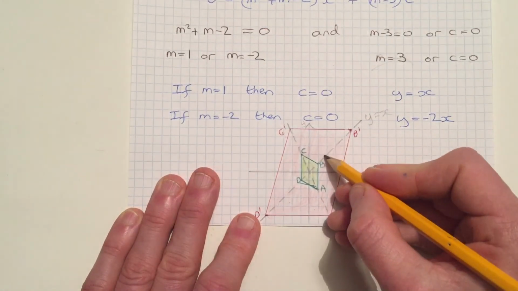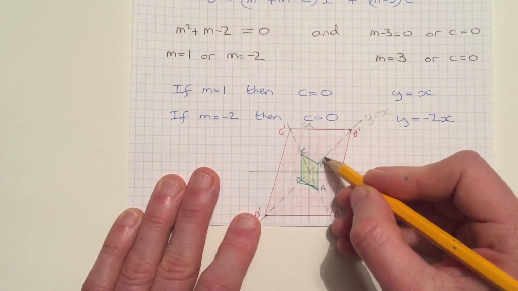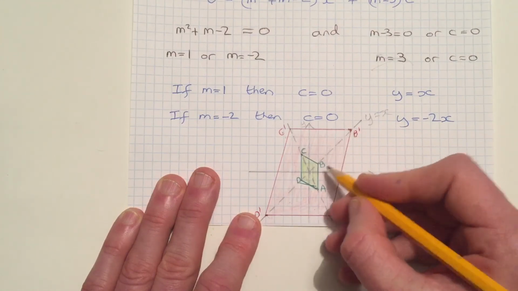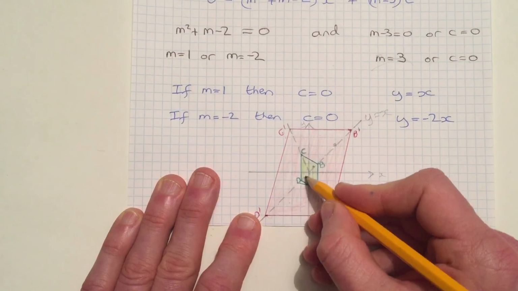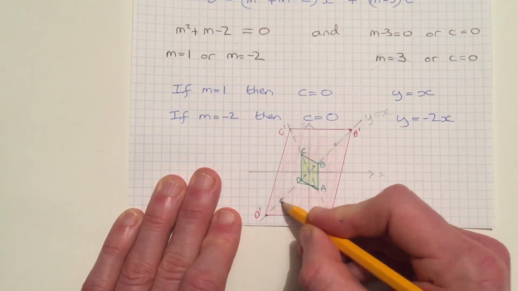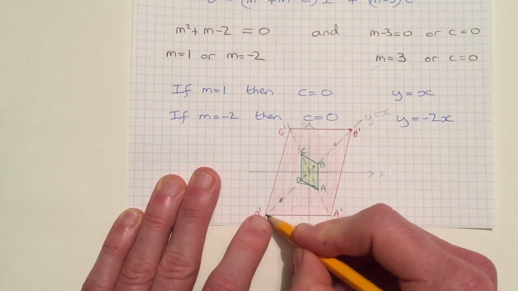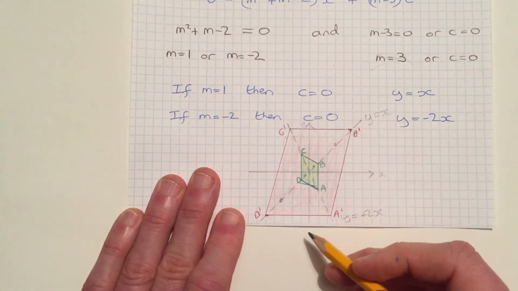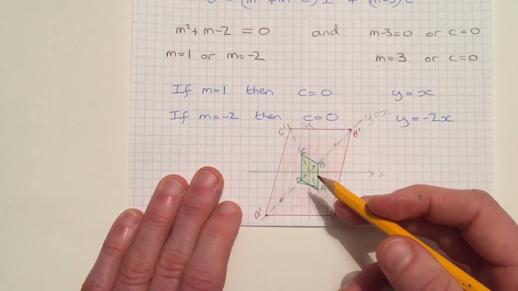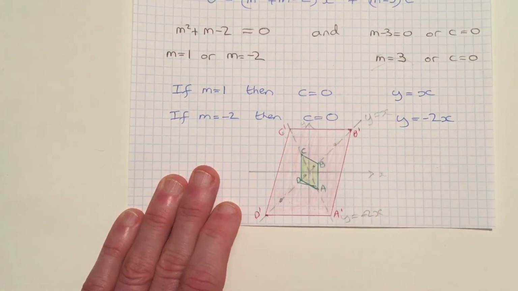And in fact, all of the points on the line y equals x have just moved to different points on that line. This point here would have moved to this point here. This point here would have moved to this point here. And in fact, you can see D has moved to this one. So all of the points on the line y equals x have moved, but the line itself has stayed exactly where it is. It is invariant.